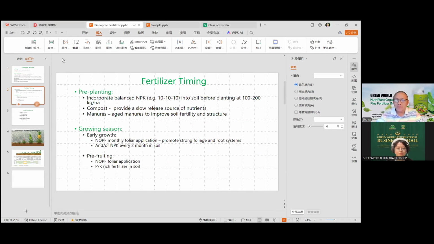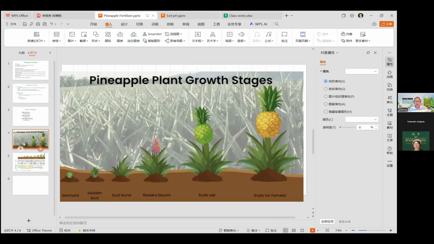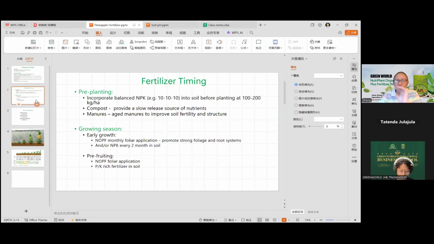So, the timing of pineapple fertilizer. As we say on this, we have early season or later season. The same thing, we have a pamphlet, three or four pamphlets. We have several major crops, like 10 or 12 major crops we discuss.